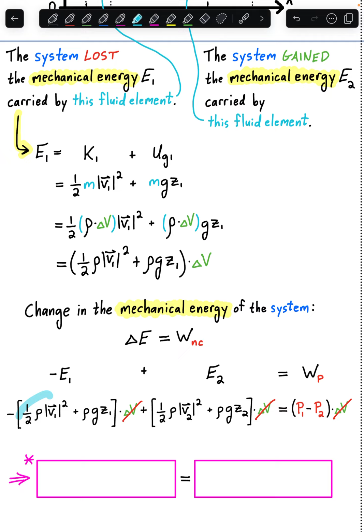Let's gather all of the gate 1 terms over here on the left-hand side of the equation. So that will look like the pressure at gate 1 plus the kinetic energy density at gate 1 plus the gravitational potential energy density at gate 1.